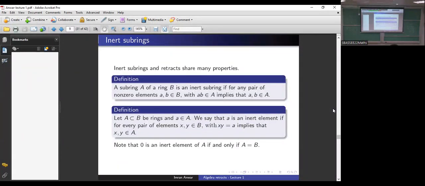Yes. Maybe we can put in a condition that A should be an integral domain, then zero will be an inert element. If it is not an integral domain, the property holds. Yes, okay.